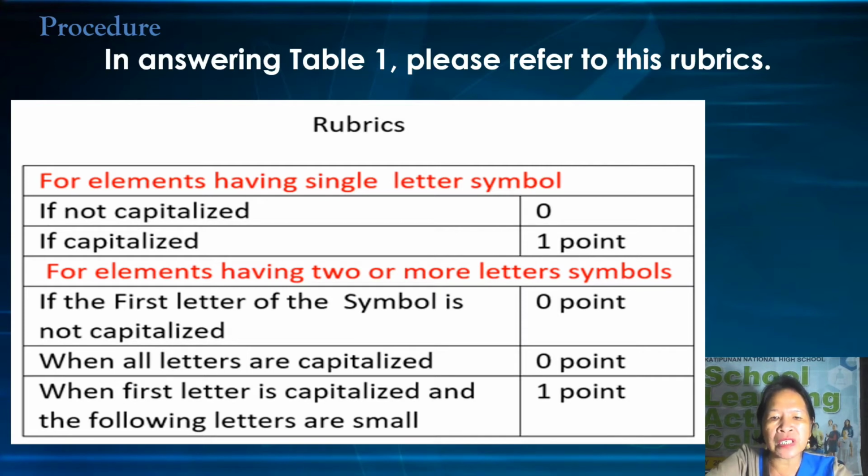When all letters are capitalized, your answer is still wrong, or you will have no points. When the first letter is capitalized and the following letters are small, then you got 1 point. Okay, got it? So shall we start now?